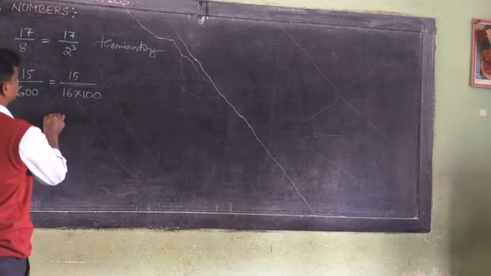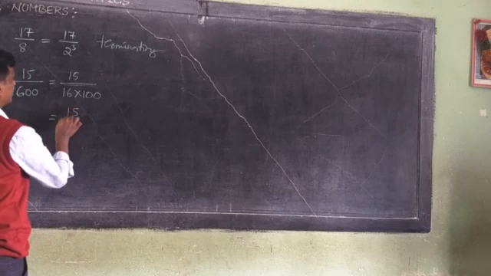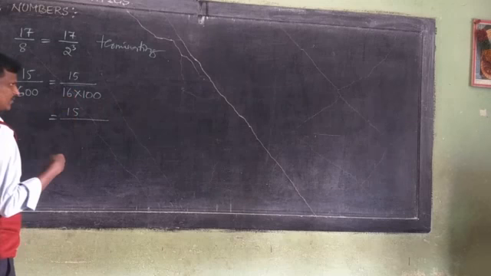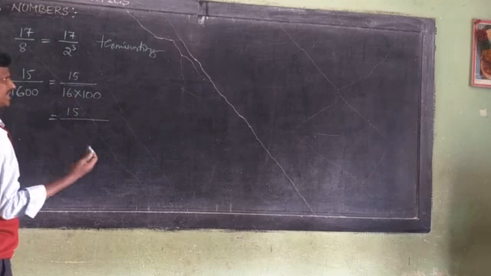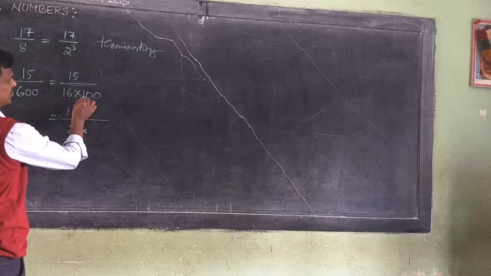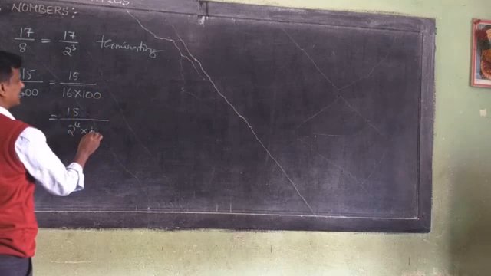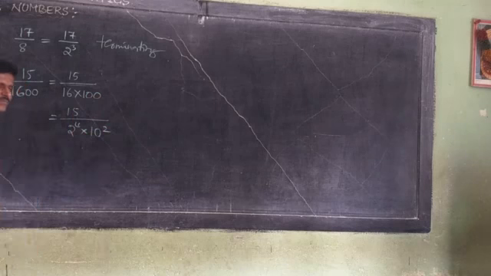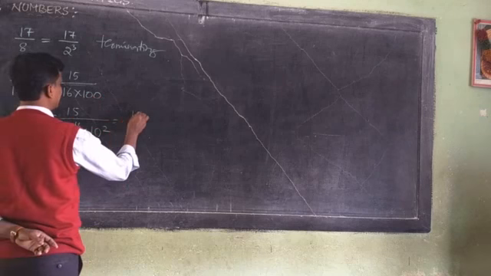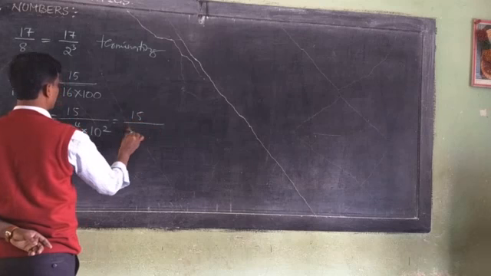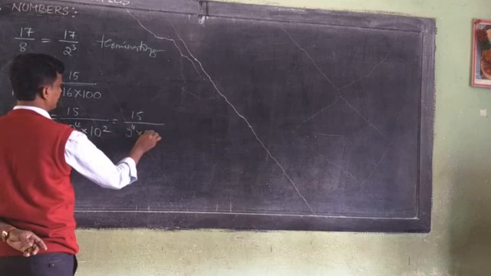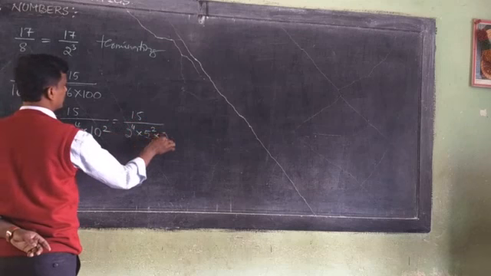Now this is 15 divided by 16, which is 2 to the power of 4, and 100 can be written as 10 square. Therefore, this can be written as 15 divided by 2 to the power of 4 into 5 to the power of 2 into 2 to the power of 2.